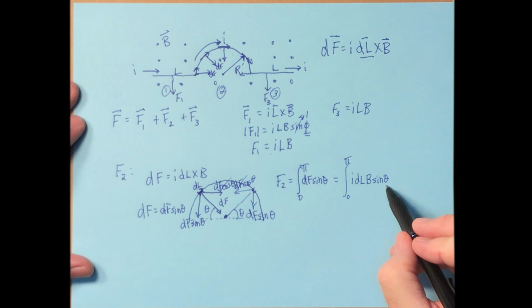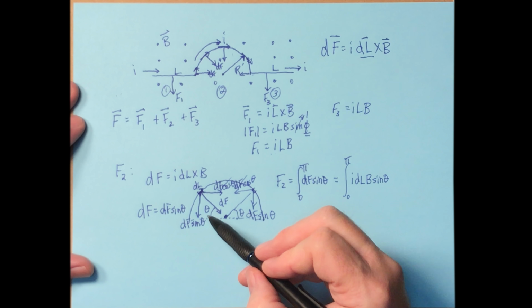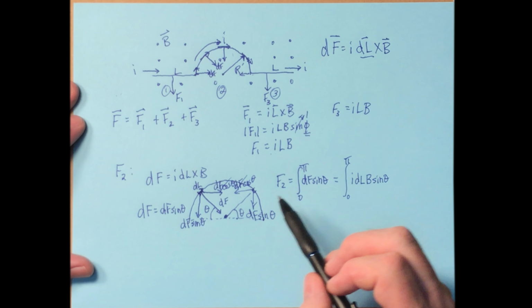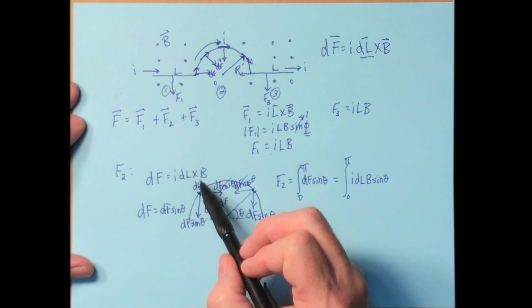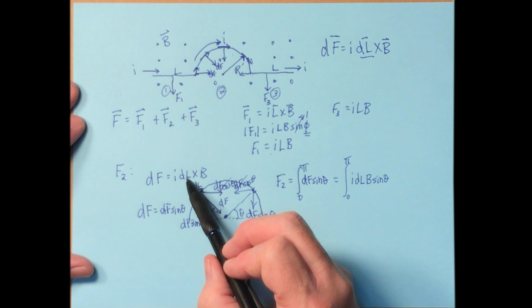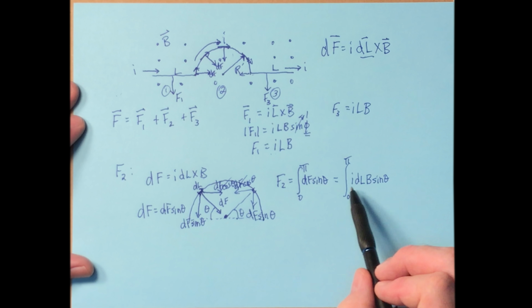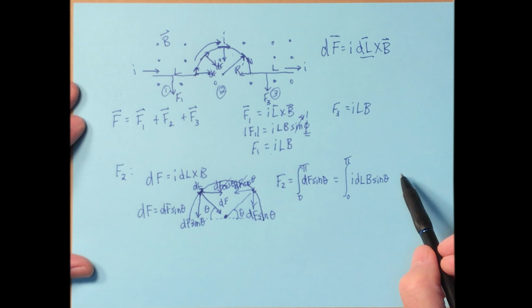Again, this theta is this angle here. The sine of the angle between these two is going to be 1, so I didn't even write that here. If I were to write that, it would just be sine of phi, which we would turn into 1.